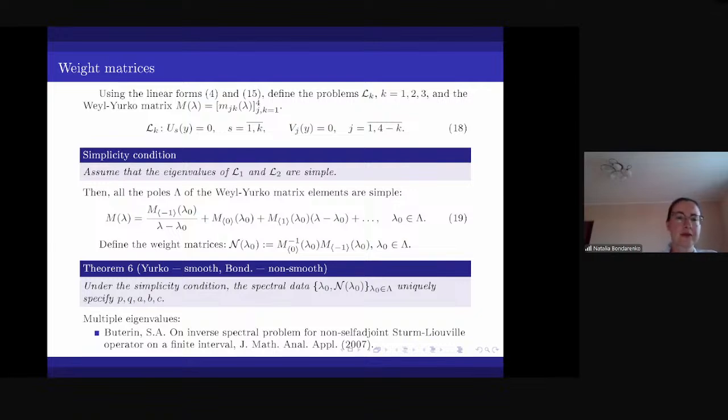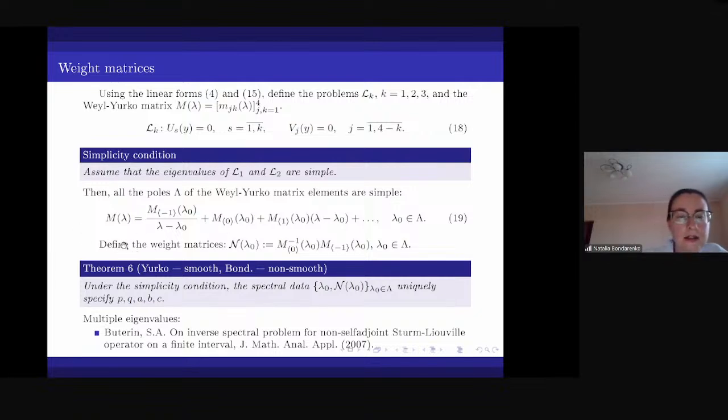In this case, all the elements of the Weyl matrix will have simple poles, and the Weyl matrix in the neighborhood of each pole can be represented by the Laurent series of this form, with only one term in the main part. Here, these notations M_{-1}, M_0, M_1, etc. are used for the 4x4 constant matrix coefficients.